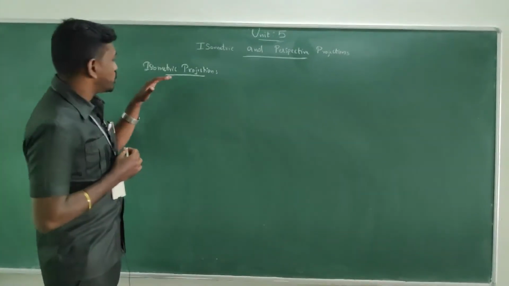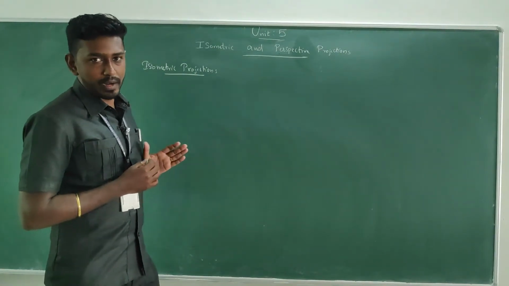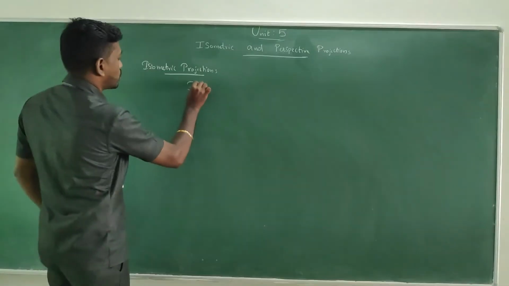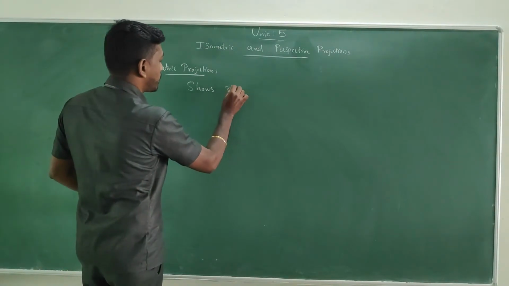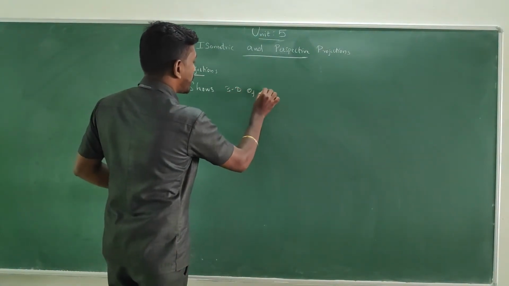This isometric projection is one of the pictorial projections. It shows the 3D, three dimensions, of an object.